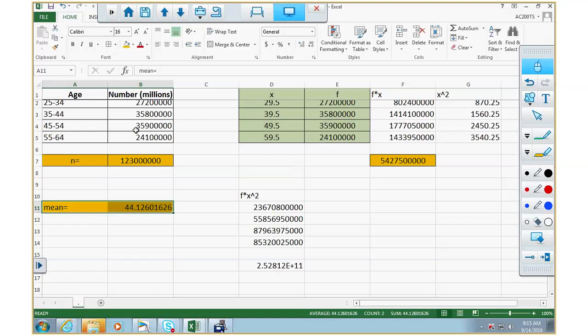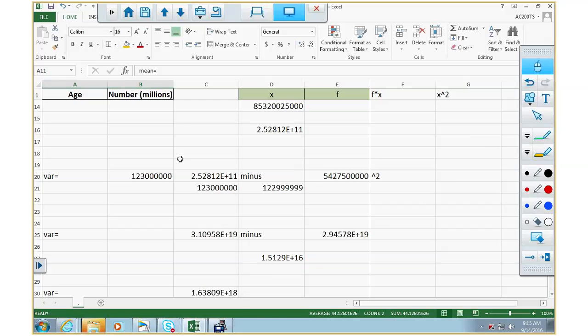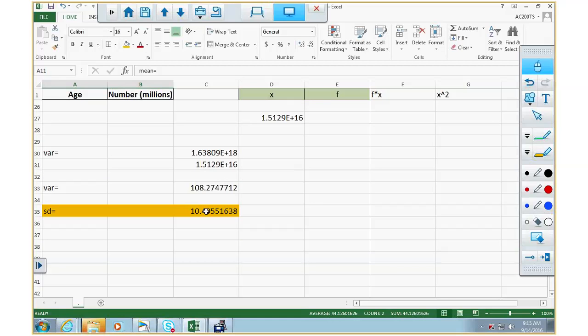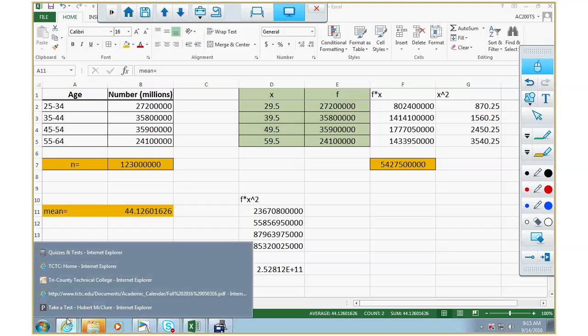Now, usually when you're talking about age or bodies or number of people, they usually round to the nearest whole number. So I'm just going to remember the 44 and 10, although they would probably say 10.4, but I don't know what the directions say, so let's see what they say.